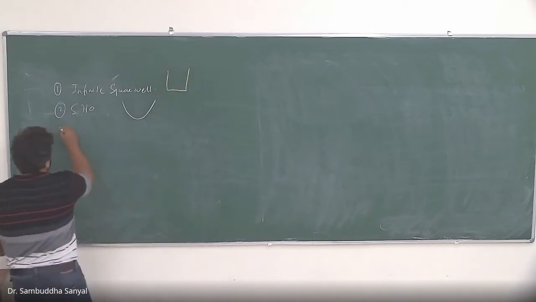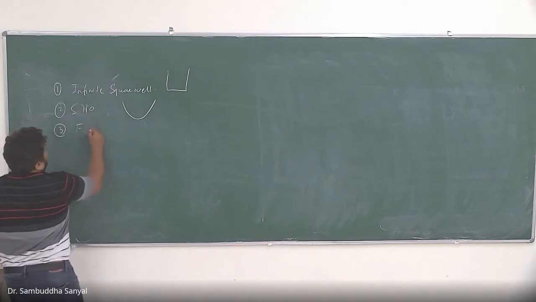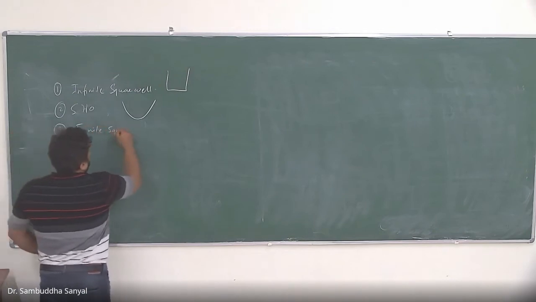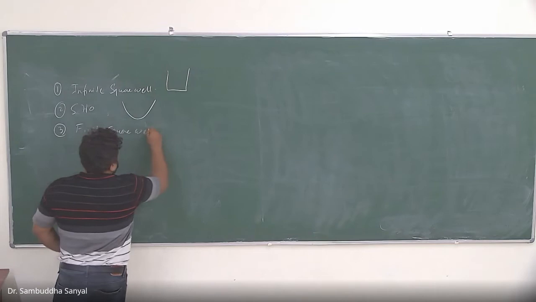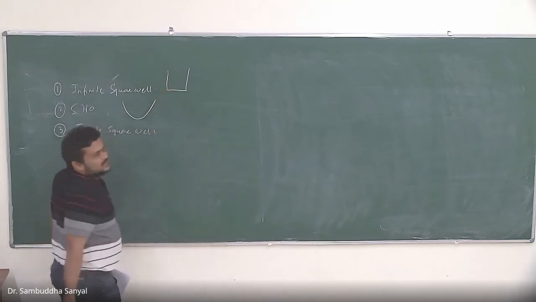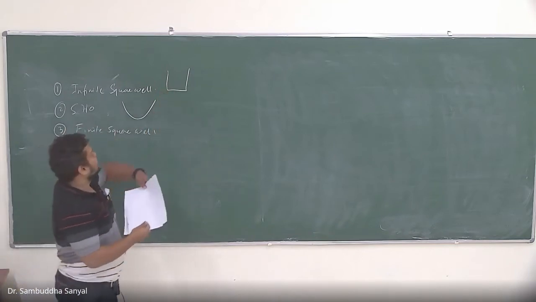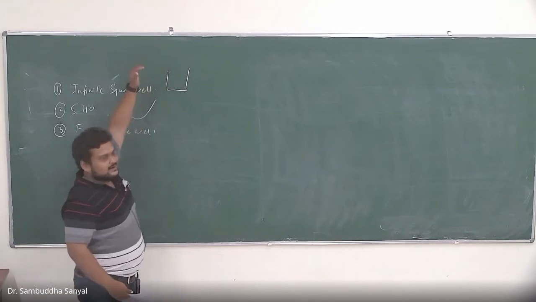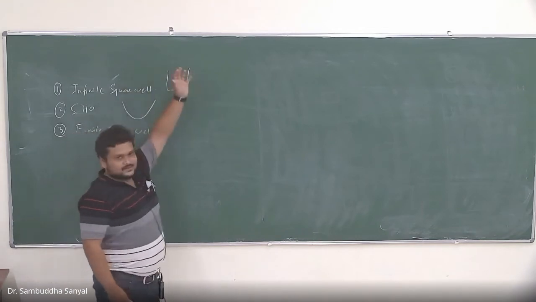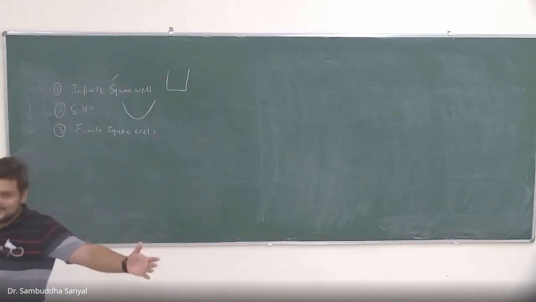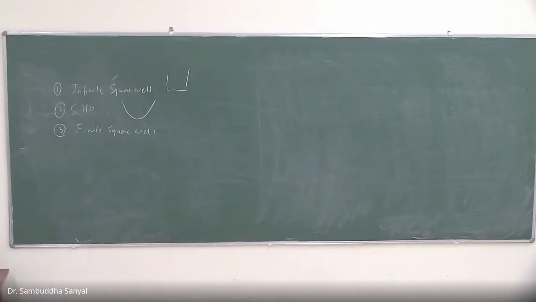And the third problem is the finite square well. For the earlier problems, notice there is no question of a scattering state, right? You can never go to infinity, so there is no solution going to infinity. It has to be confined. It has to be a bound state.